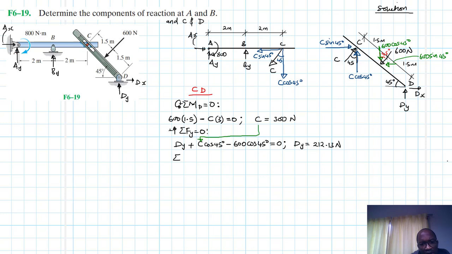And then we have summation of forces in the x direction equal to 0.